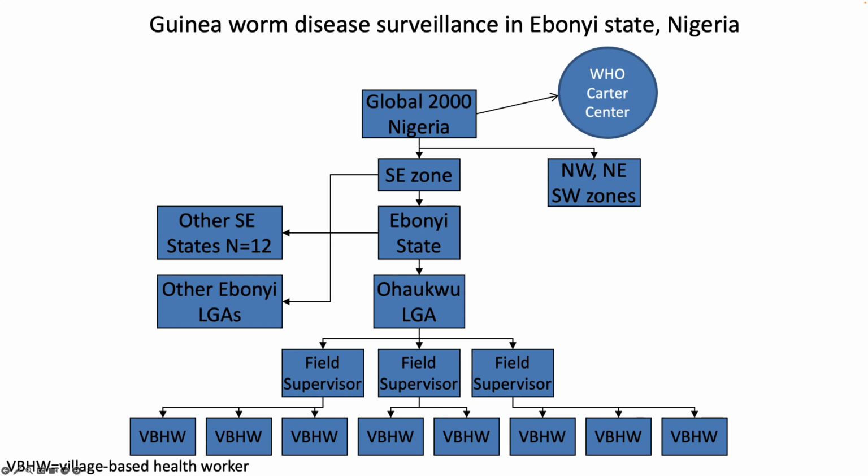The other 35 states are also reporting, and they send their case information to the zonal level. Ultimately, cases get to the country level, represented here as Global 2000 Nigeria. And that information from the country level gets reported to the World Health Organization and the Carter Center, who, again, are the entities that are coordinating the guinea worm eradication efforts around the world.